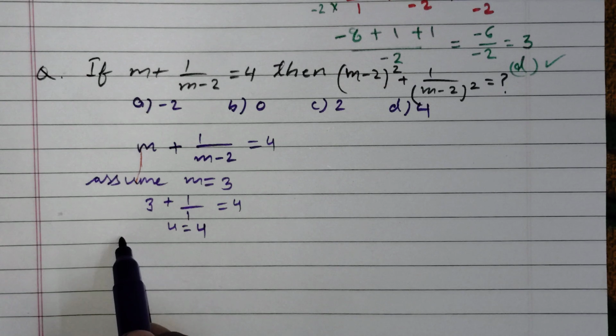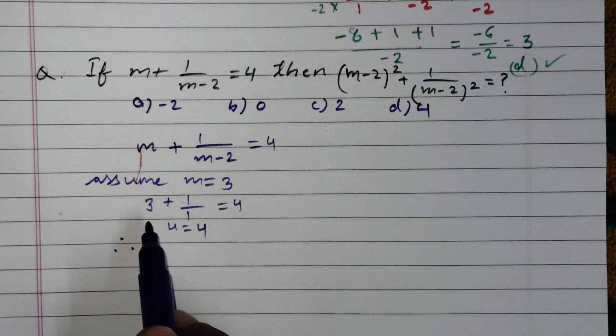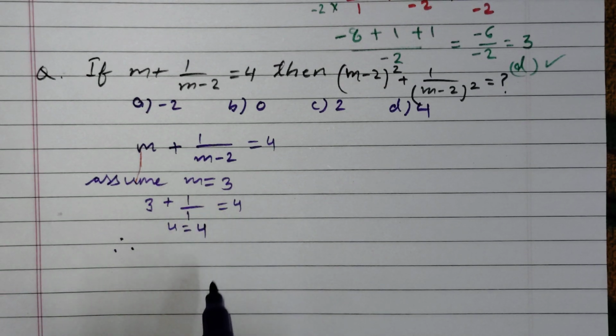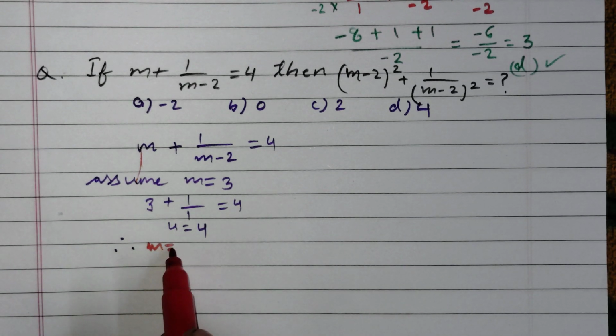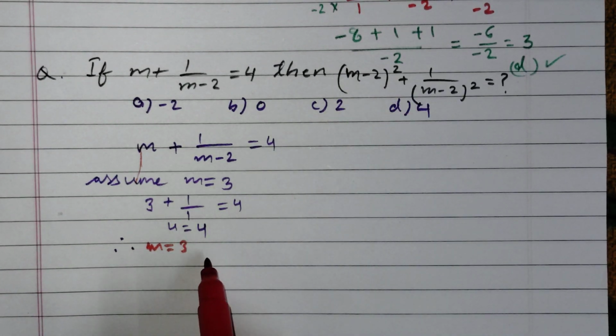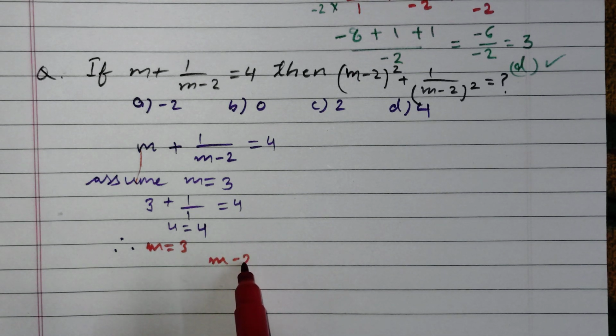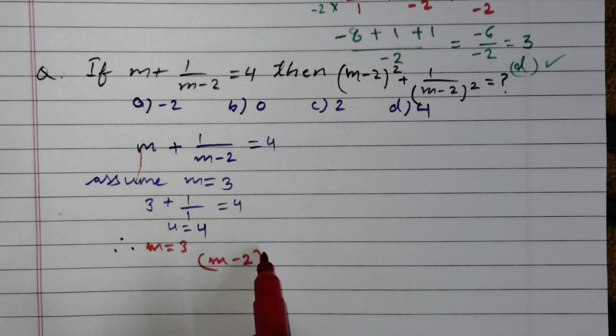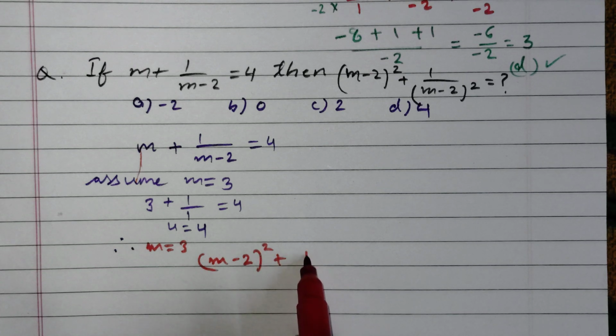Therefore, taking this m equal to 3 and plugging it into our question term, m minus 2 whole square plus 1 upon m minus 2 whole square.